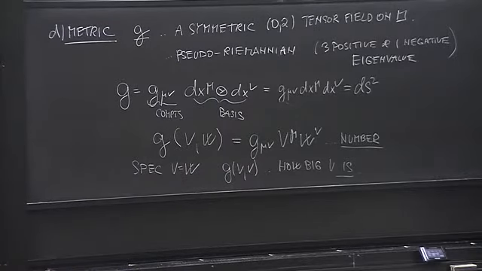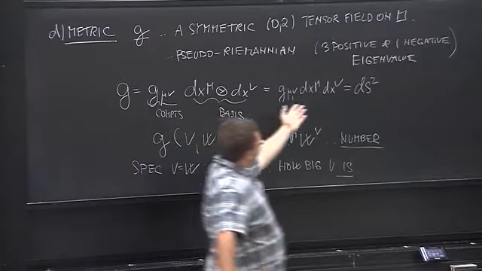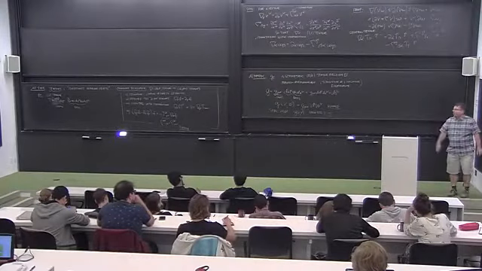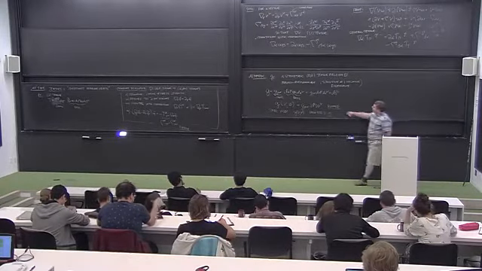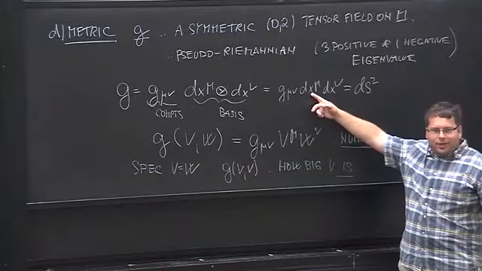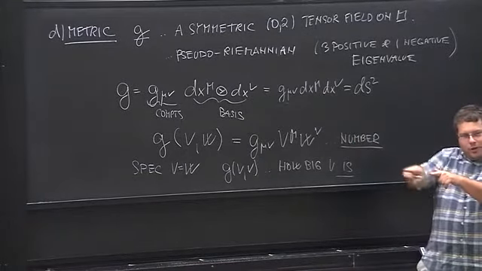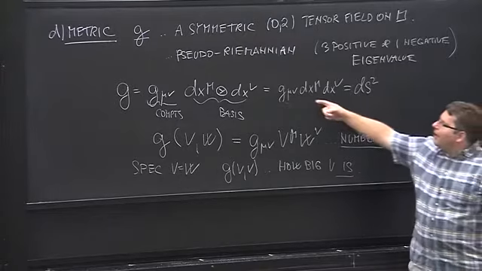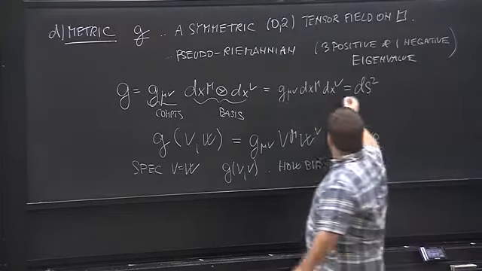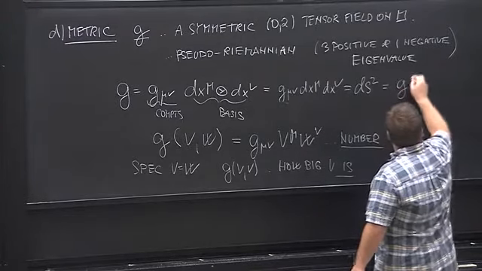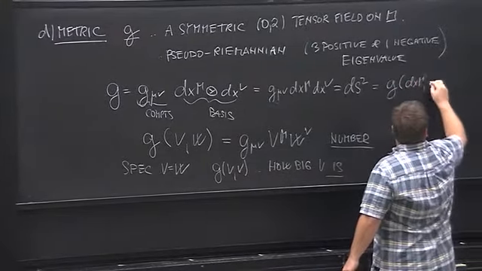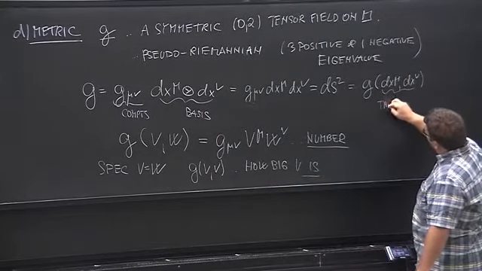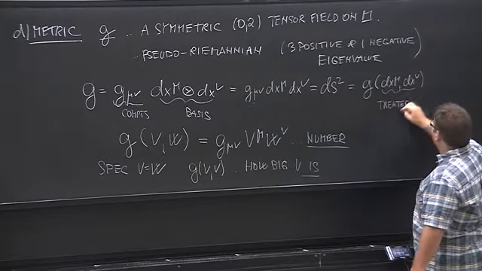Now, when you want to interpret this as some number ds squared, as an invariant metric element, what you really mean is, well, let's interpret this dx^mu as some vector, which tells me I'm moving in the space-time along the vector dx^mu, and I'm feeding it to the metric. So this interpretation is really g(dx^mu, dx^nu), where these things are treated as vectors.